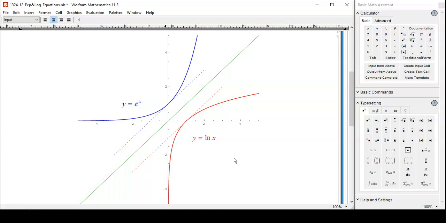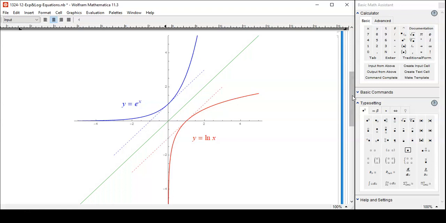This slope behavior at the intercepts makes the natural exponential and natural logarithmic functions just right, basically. Kind of like a Goldilocks function, so to speak. Not too steep, not too flat, just right.